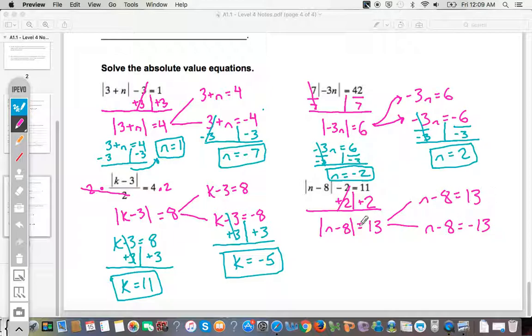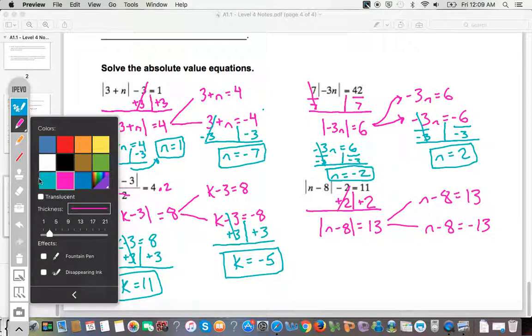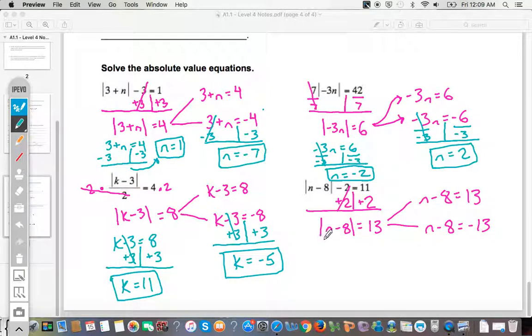Okay, this top one I'll do right down here. So I have n minus 8 equals 13. Make my t. Add 8 on this side. 8's cancel. Add 8 on this side. So I'm left with n equals 21.